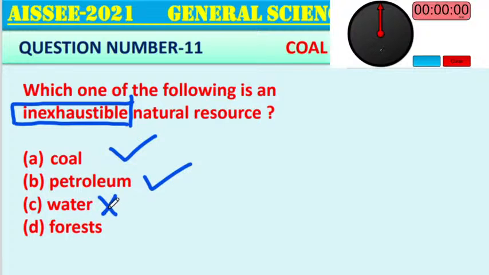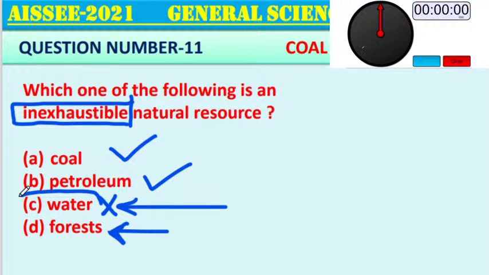If water is finished, then we will finish. So this is inexhaustible, and forests are exhaustible. Because very fast we are cutting all the forest and making houses and industries by deforestation. So water is the inexhaustible one here.